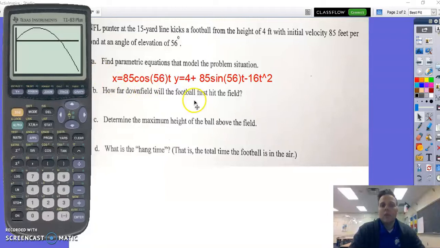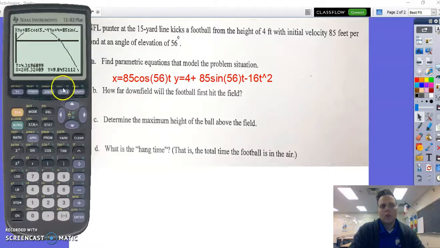How far downfield will the football first hit the field? Well, we know the football starts here, gets kicked, and lands right here. So we can hit trace and trace our way over. I'm very slow at clicking this button.